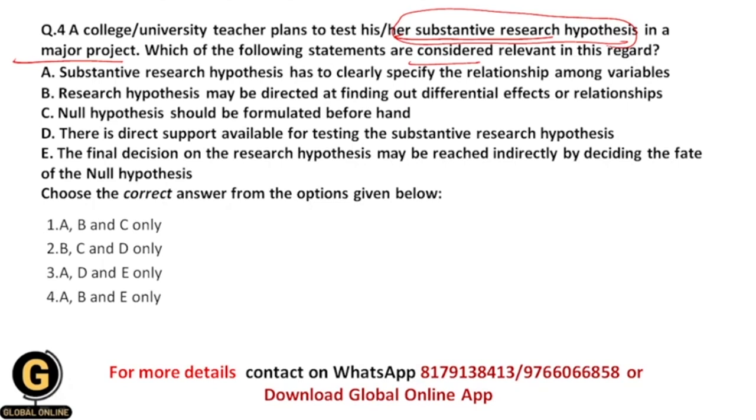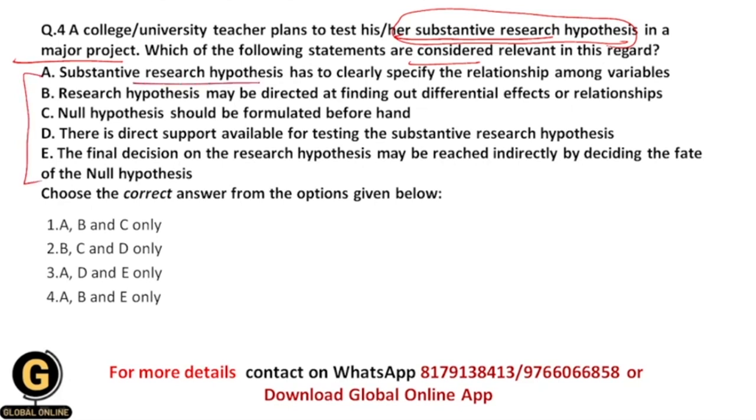In this hypothesis we state, or we predict, that there is a relationship between the variables. So with regard to this hypothesis testing part, which of these statements are correct?